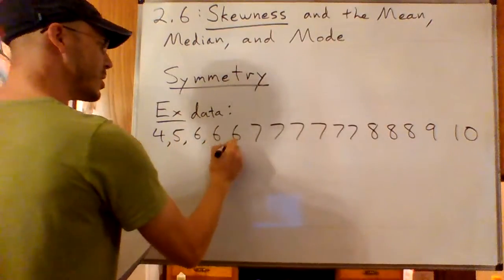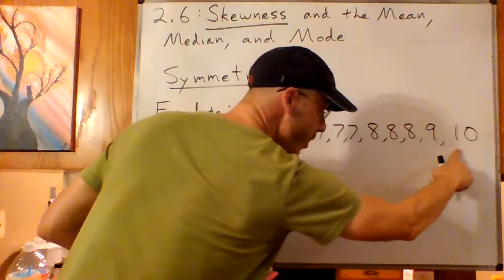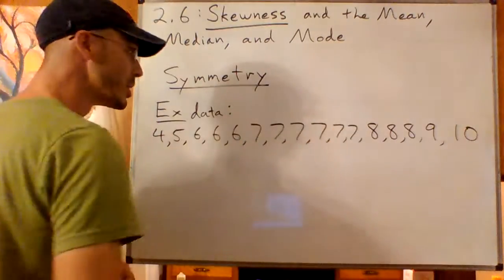So I'm going to separate them with commas. I mean, they're all one-digit numbers except for that one, so it's not too unreadable, except that there's a lot of them.